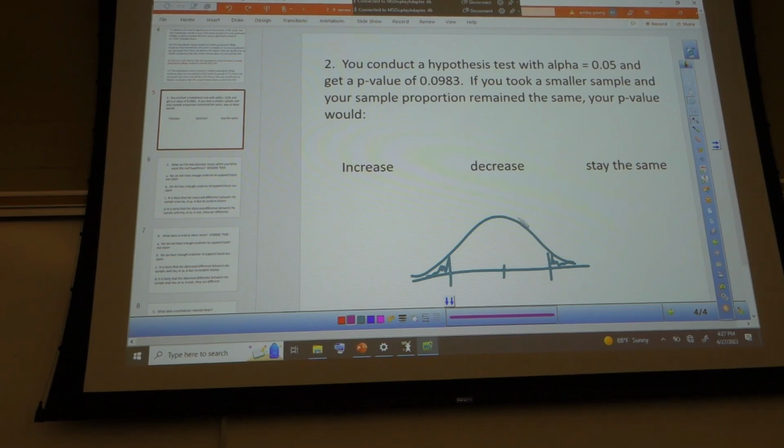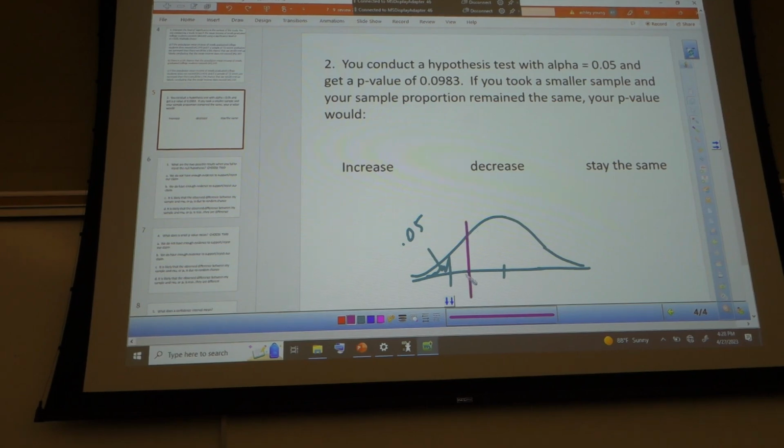I'll do one-sided because it's confusing. So this is 0.05. Would 0.0983 be in the rejection region or the not rejection region? If my p-value is 0.0983, am I going to reject or not reject? Not reject. So it's going to be over here.